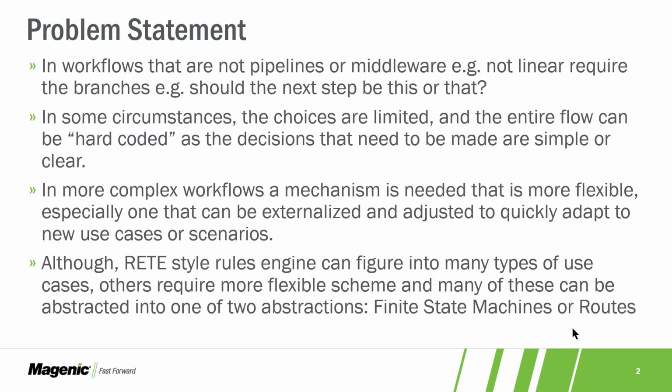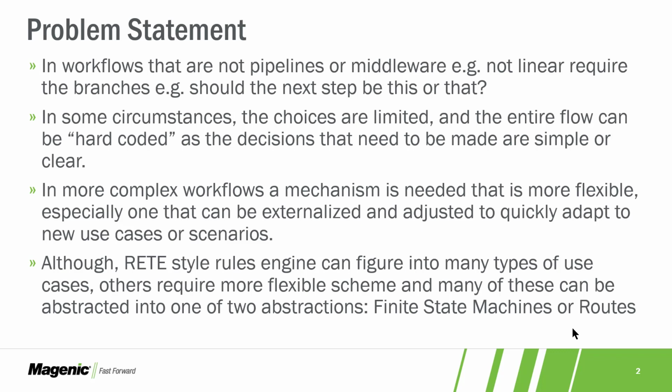And there are lots of different approaches to this. Some of them are handled by the host, the runtime of the workflow itself. Others are more ad hoc. In other words, the developers make it, but they basically devolve down to two pretty big groups of patterns. One called finite state machines and the other one called routes.